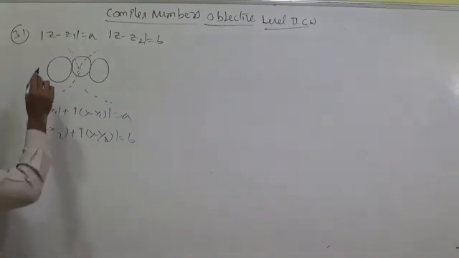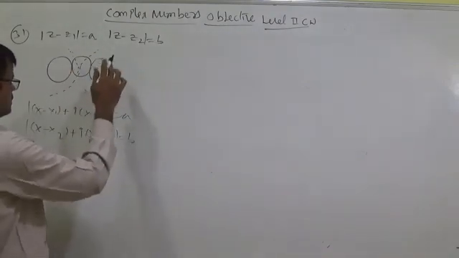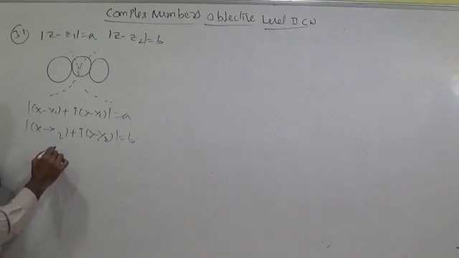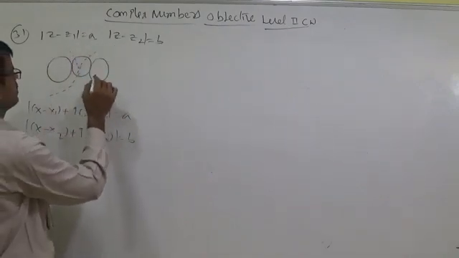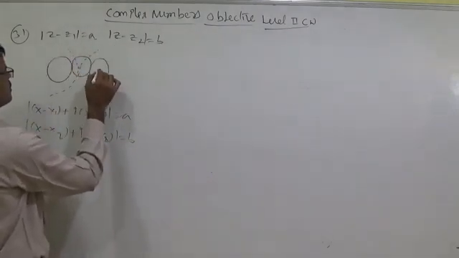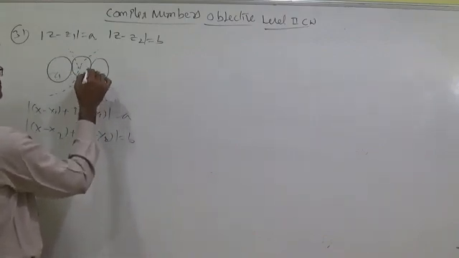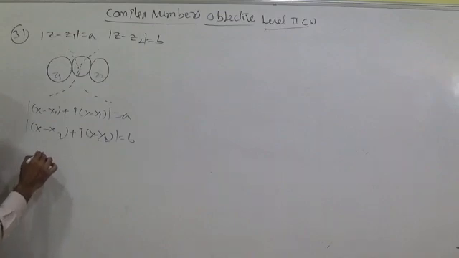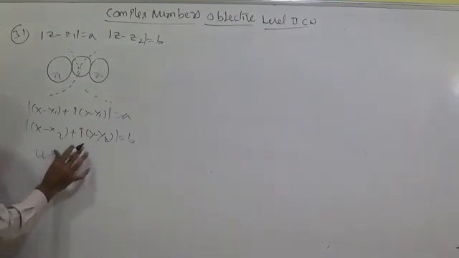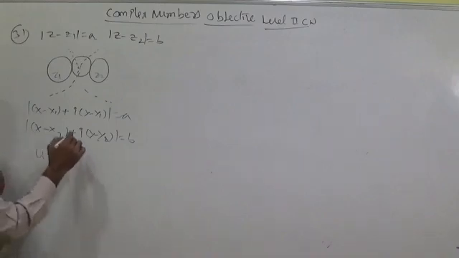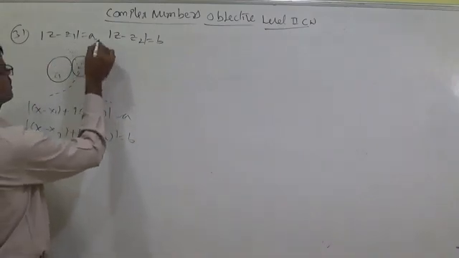So Z minus Z1 and Z minus Z2 can be understood as PA is equal to A and PB is equal to B, like this. Here the center is Z1 and here the center is Z2. Use the concept: fixed points are there.